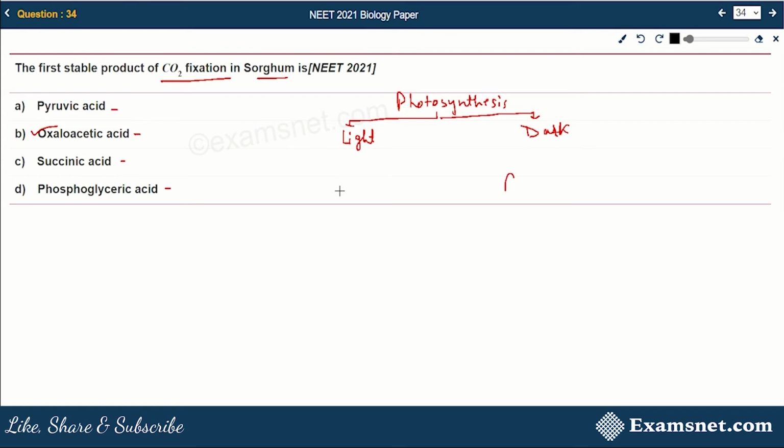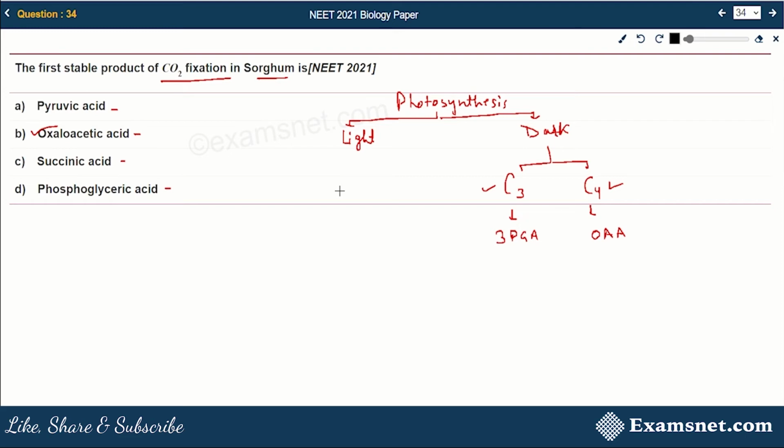Now two different groups of plants exist, C3 and C4 plants, which use different pathways for dark reaction of the photosynthesis. The main difference between C3 and C4 plants is that the first stable product of carbon dioxide fixation in C3 plants is 3-phosphoglyceric acid, whereas that in C4 plants is oxaloacetic acid, right?